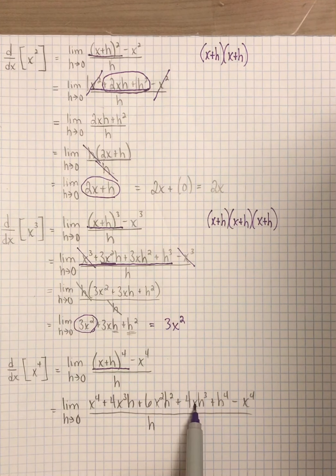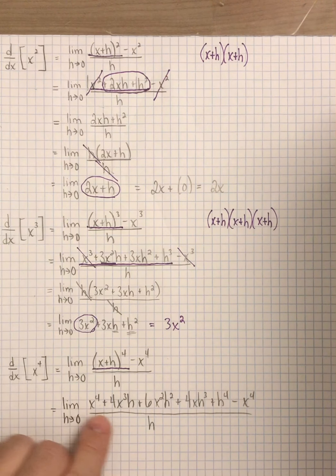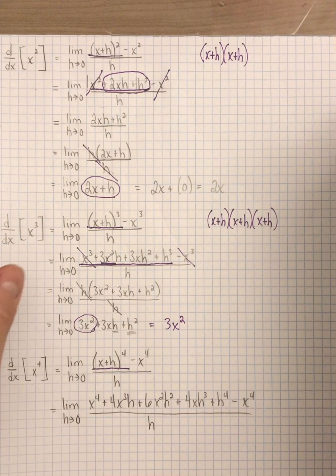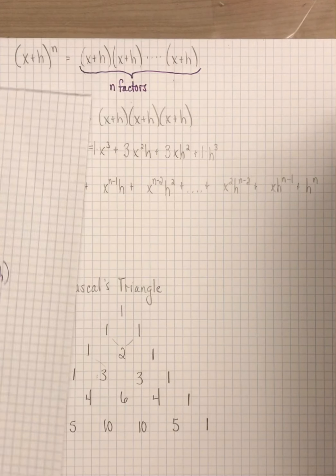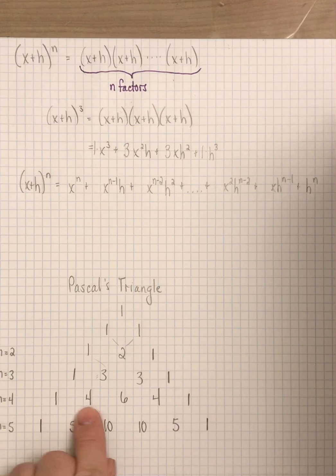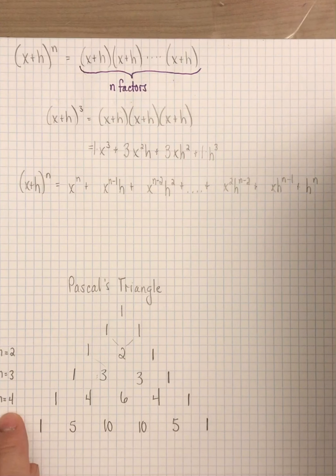Switch out another factor of x, I'm down to a single x, but I've gained an h to replace it. And lastly, lose the last x, and now they're all h's. And of course, the minus x to the fourth here on the tail end. Now, the coefficients are 1, 4, 6, 4, 1, as corresponds to Pascal's triangle for n equals 4.